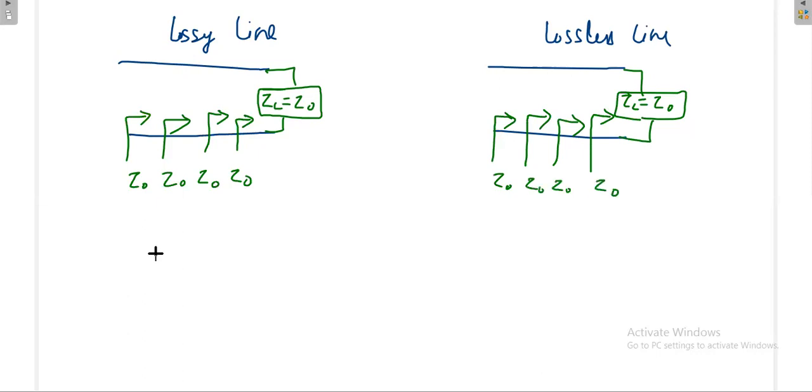So whenever you have a transmission line terminated with ZL equal to Z naught, the characteristic impedance, then the impedance seen anywhere on the transmission line or at the input of the transmission line is always Z naught. So what is the conclusion?